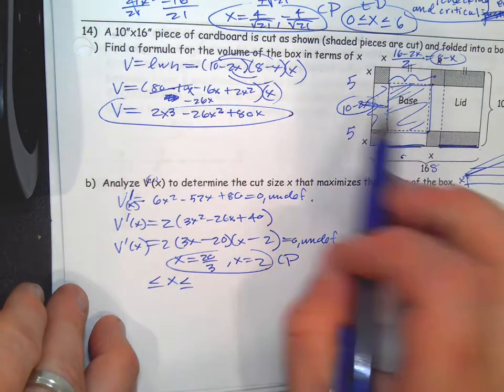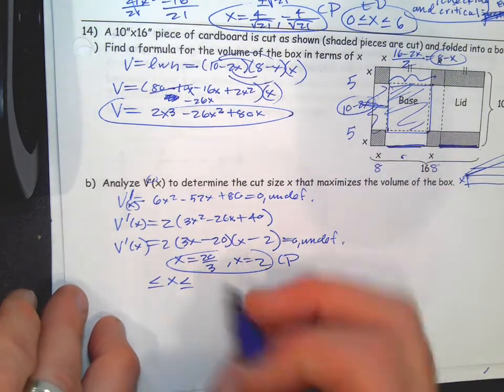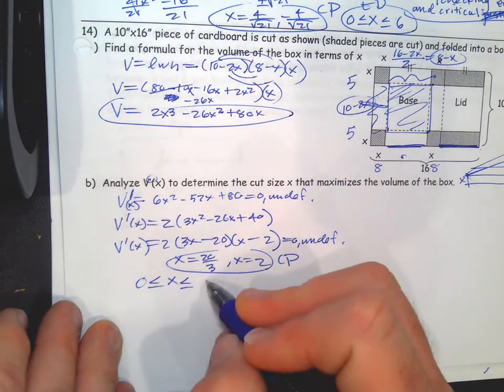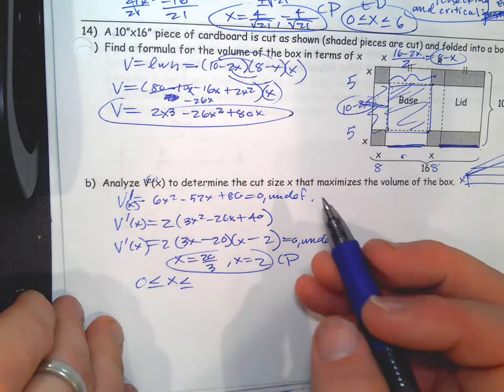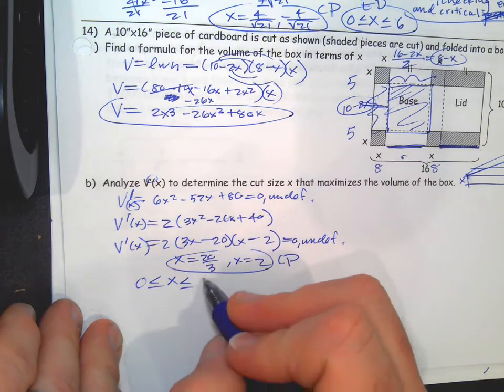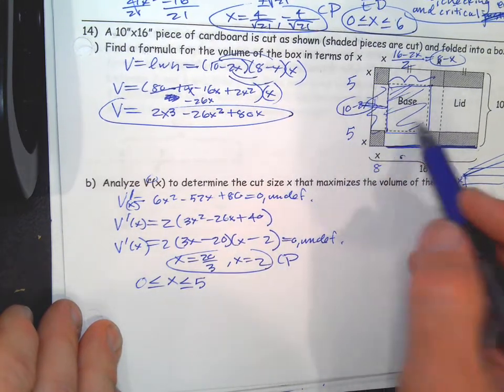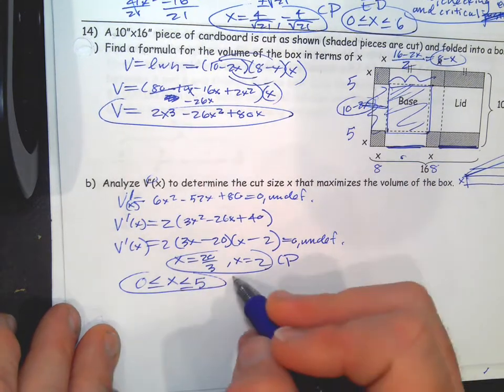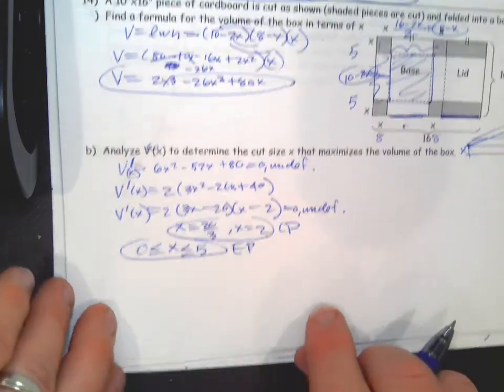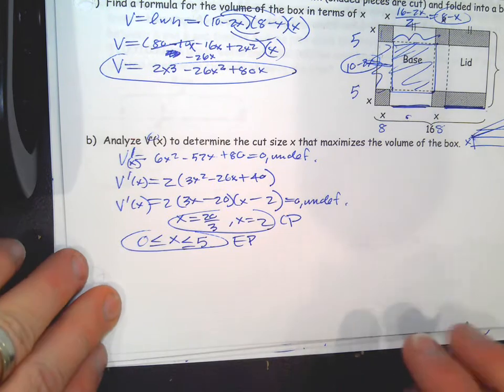But whichever one's smaller is the more constricting one. So they could be 0, and then the box would just be completely flat. And they could go all the way up to 5 because then they run out of space on this side. If you keep going past that, it doesn't make sense. You have negative cut lengths, negative area, whatever. So those are your endpoints.